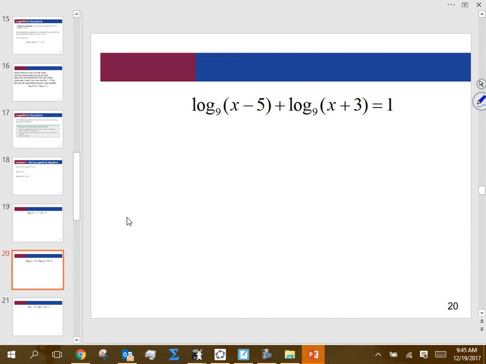Okay? So when we do this, if we go back to our guidelines, it says you may have to combine logarithmic terms on one side. And it might have to happen on both sides. But in this case, it's only on one side. And I see that plus sign right there. If we go back to Friday's logarithm rules or laws, what does a plus sign turn into? Multiplication. So we can rewrite this as log base 9 of, I'll write it this way first.